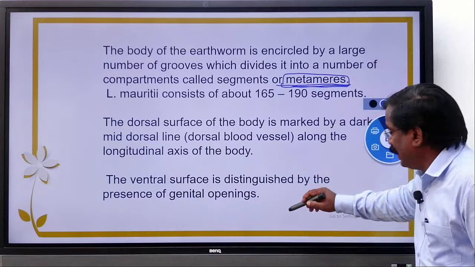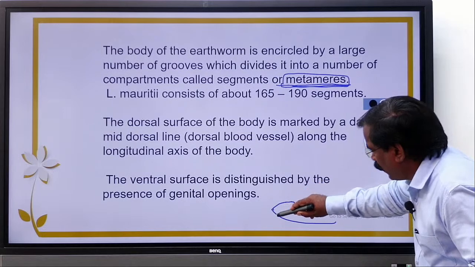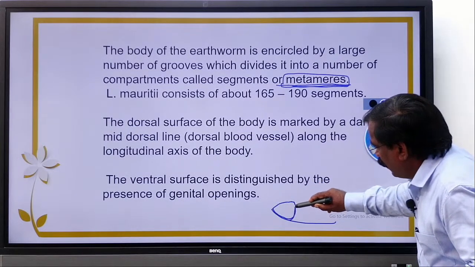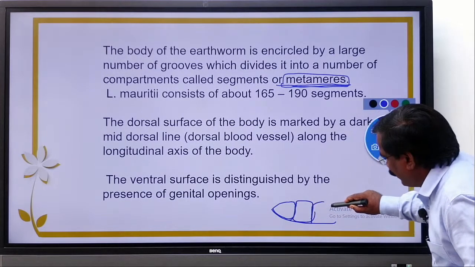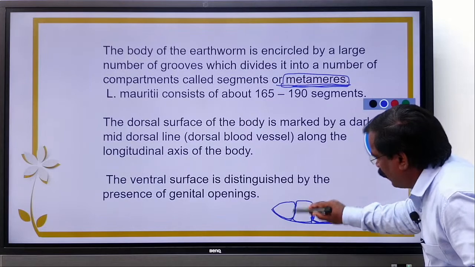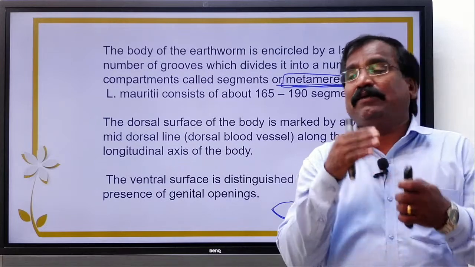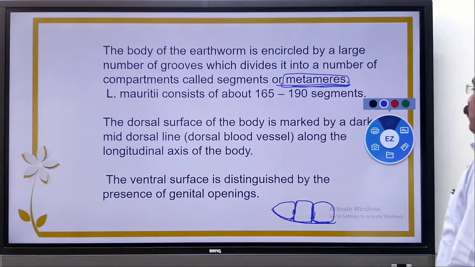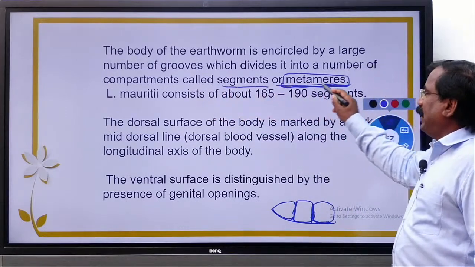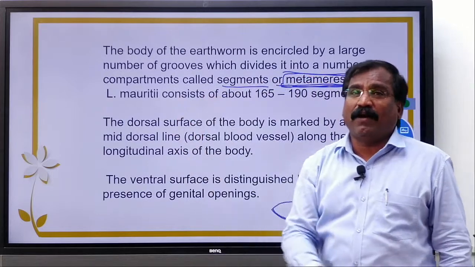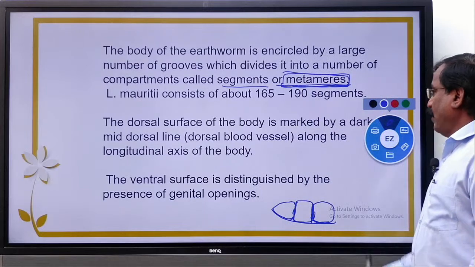Externally there is a groove, and internally there is a septum that divides, so the body is divided into many segments, also called metameres, structurally alike and similar.